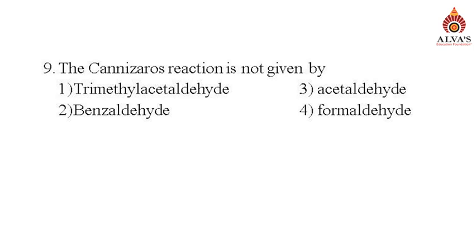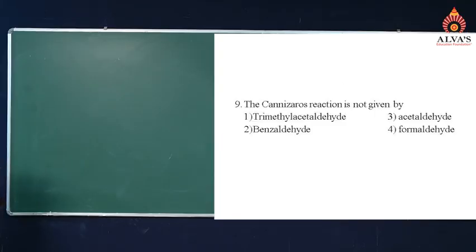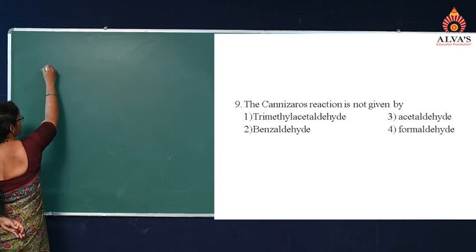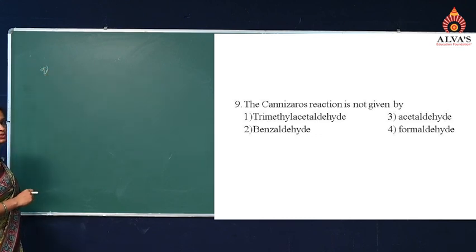The Cannizzaro reaction is not given by. Options are: first, trimethyl acetaldehyde, second is benzaldehyde, third is acetaldehyde, and fourth is formaldehyde. Now we all know that Cannizzaro's reaction is shown by compounds which do not have alpha hydrogen.